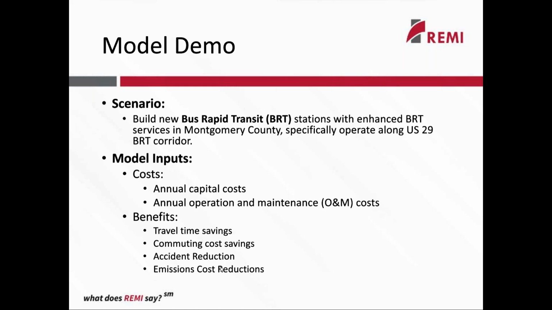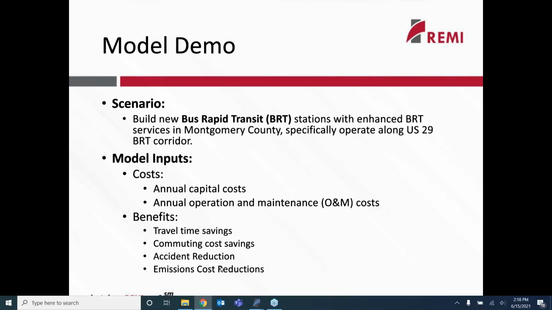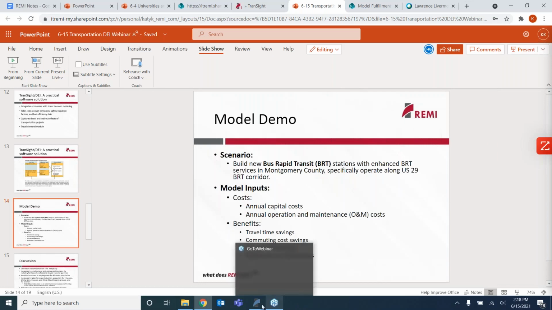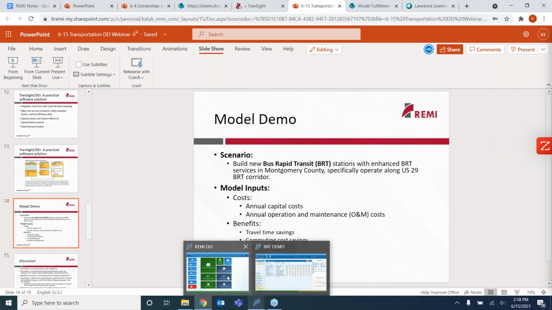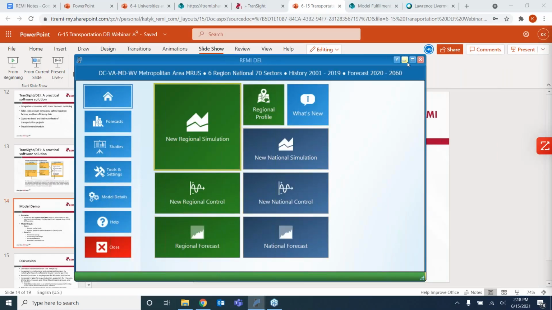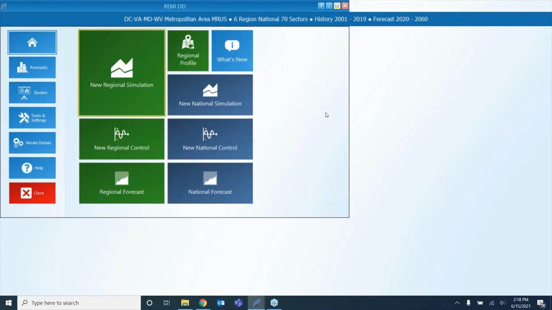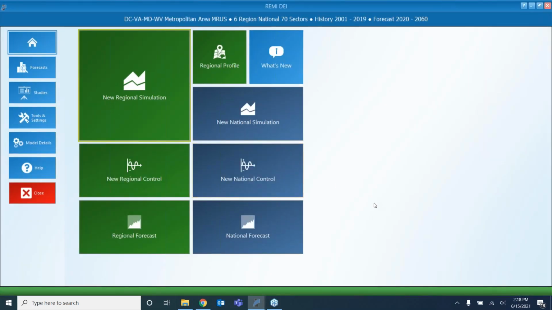So I will briefly change my screen over to the model so that we can actually see TranSight, TranSight DEI, in action. Here we have the landing page for REMI TranSight DEI.